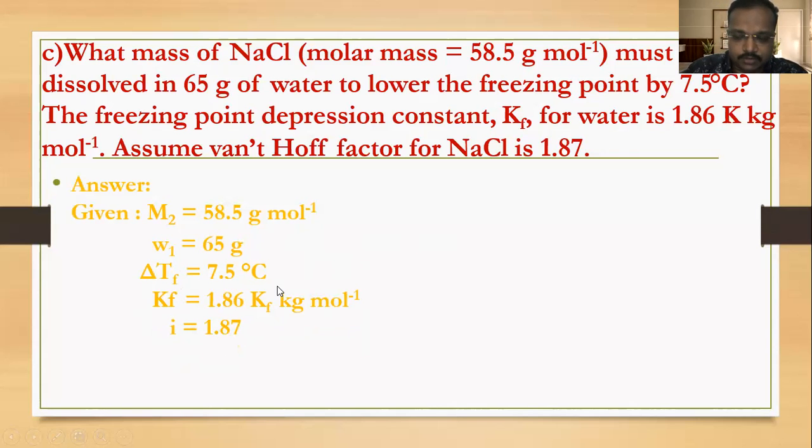It can be Kelvin also. That is not a matter, because a change will always be the same quantity, whatever the value. Whether it is in Kelvin or degree Celsius, it is nullified.